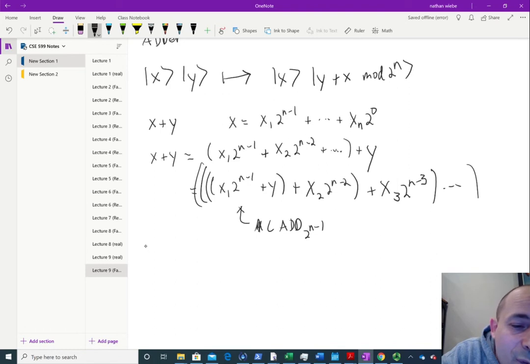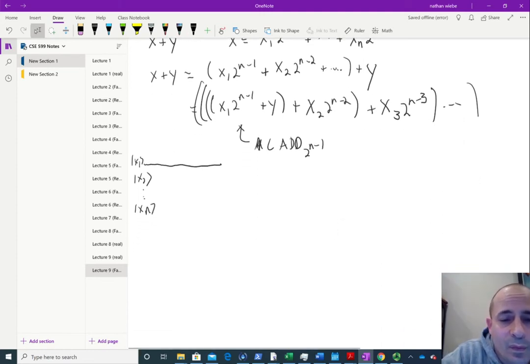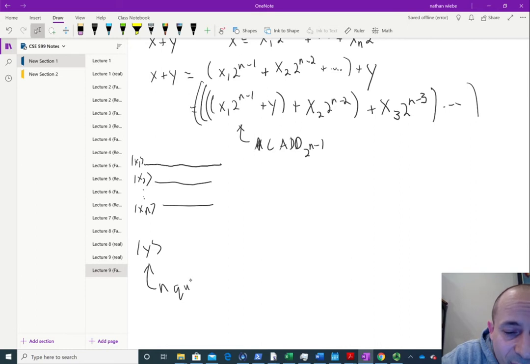So, if our input string is of the following form, x1, x2, going all the way down to xn, and our qubit string, note that this is n qubits here in this diagram.